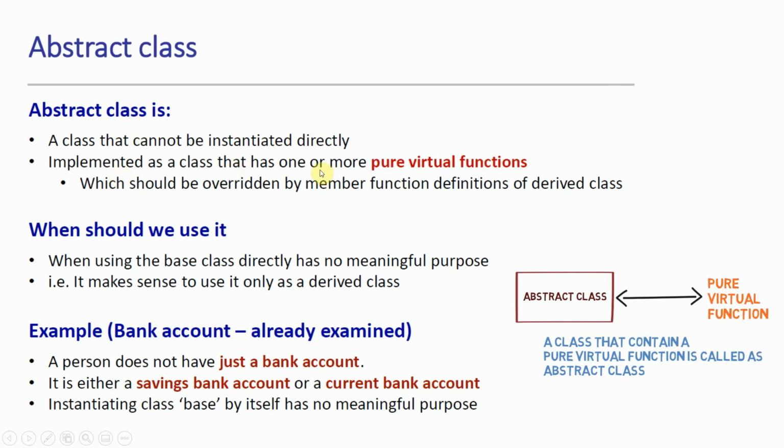You just have to have something called a pure virtual function. If a class has at least one pure virtual function, then the class is called an abstract class. I'm going to talk about what a pure virtual function is.